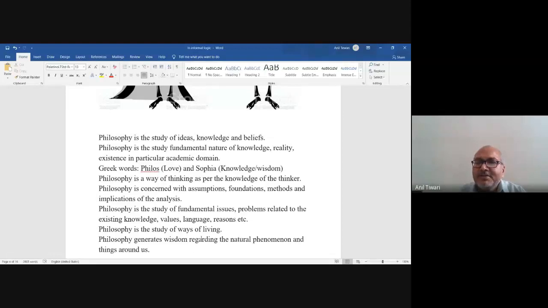So after going through 8 or 10 definitions, the other definitions which you come across have very little to add to the already acquired wisdom of your knowledge, or the concept of philosophy. Take this as a case study and apply it in your own discipline.